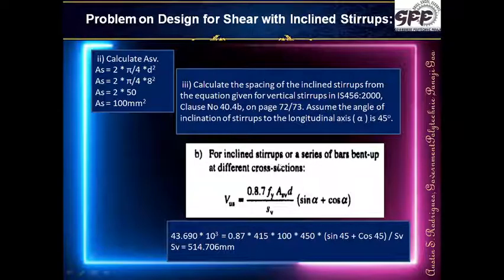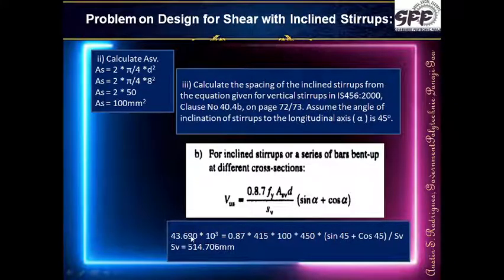So for inclined stirrups given on page number 73 of the code, the formula is VUS is equal to 0.87 Fy ASV into D upon SV, the whole thing multiplied by sine alpha plus cos alpha.